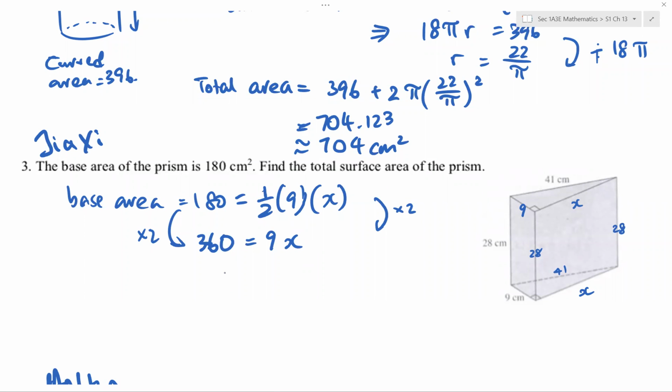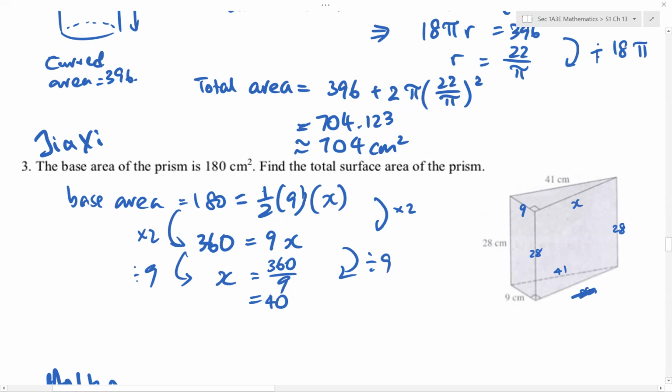Now it is very clear that we are simply dividing by 9 just to get the value of x. Okay? You don't have to tax your brain in the working backwards for finding the height of the triangle. 360 over 9, and we get 40. So x has a value of 40.